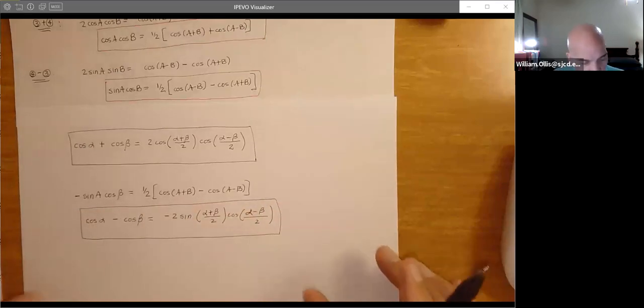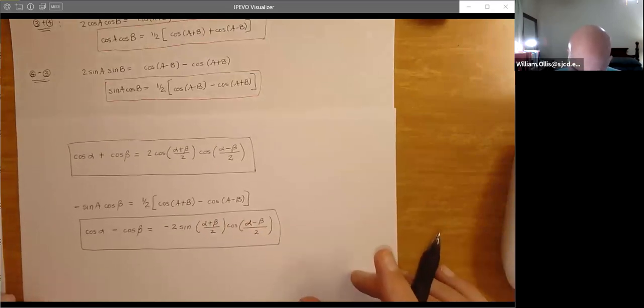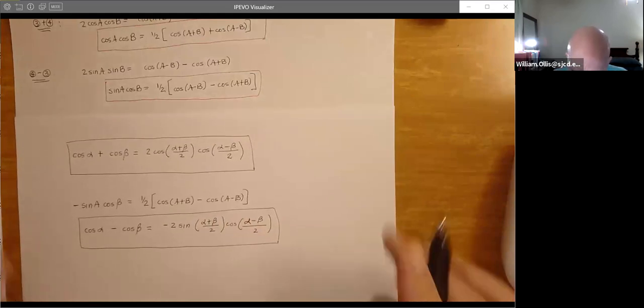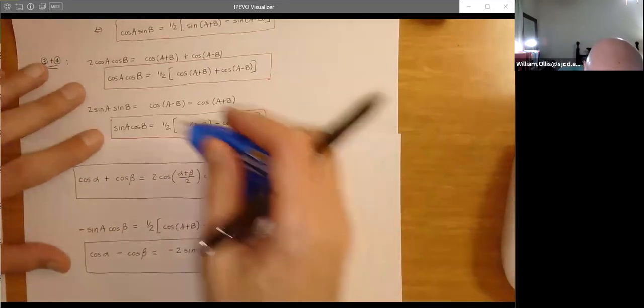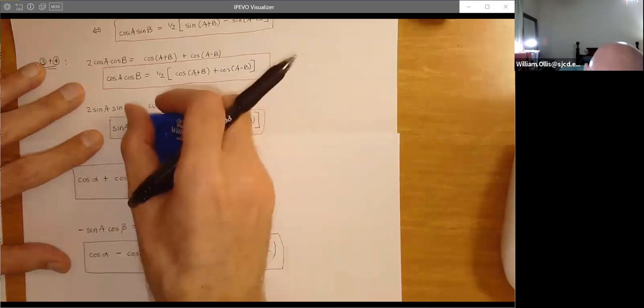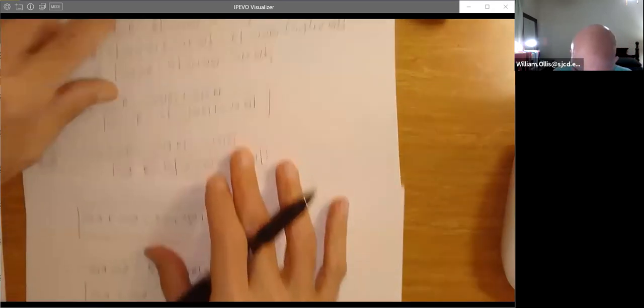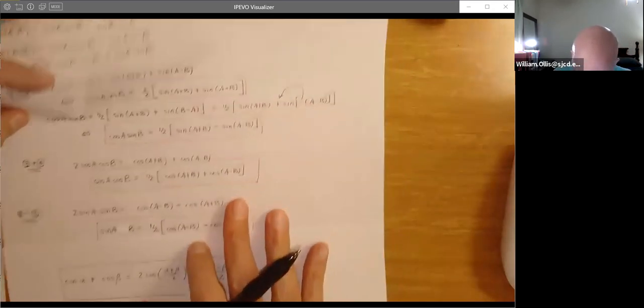So when you look at these particular setups and think about them, here's another thing too: I made a little typo. These are both sines, because remember when we did that. So let me fix that typo.